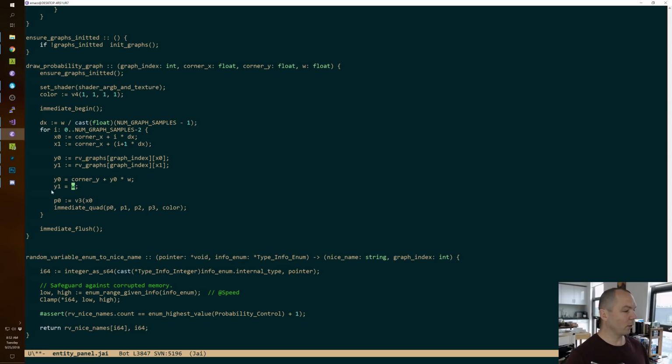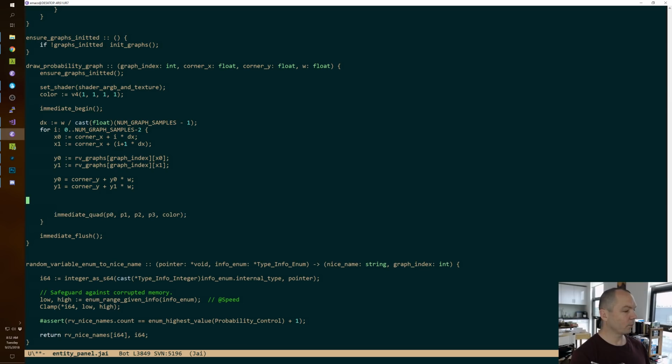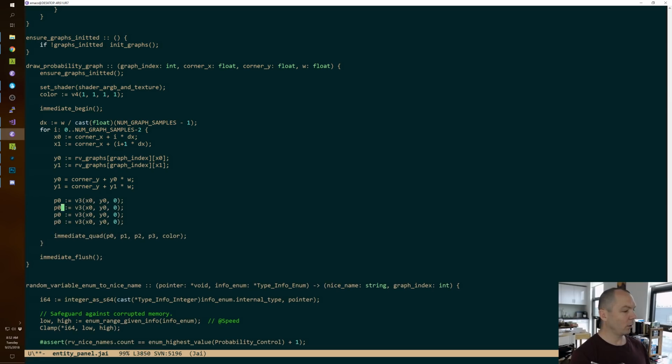This is a little bit messy because we're sort of changing the meaning of y0 and y1 here. So P0, 1, 2, and 3 are x0, y0, x1, y0, x1, y1, x0, y1. So that's just going to be a quad, and we're going to draw that.